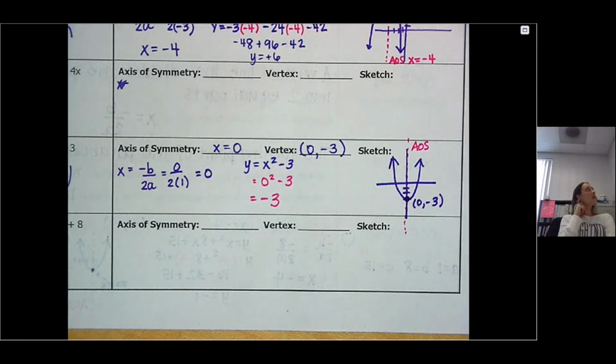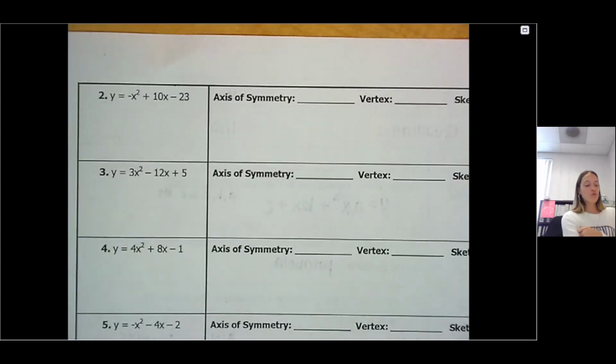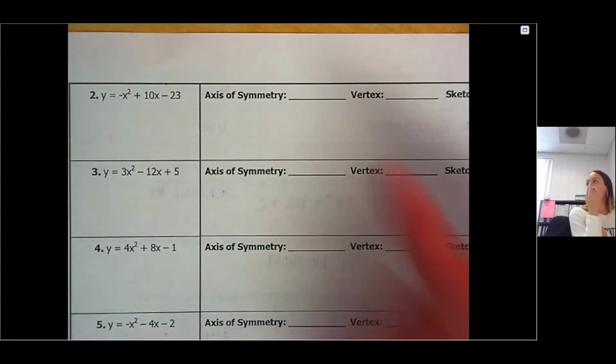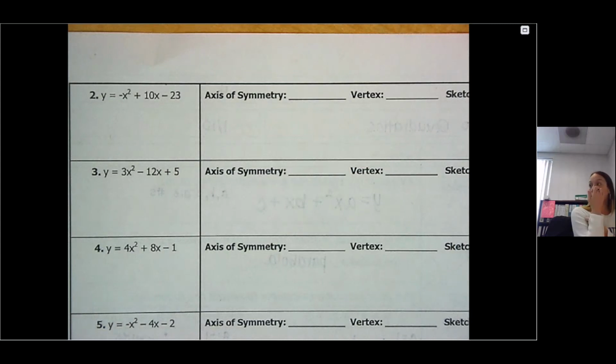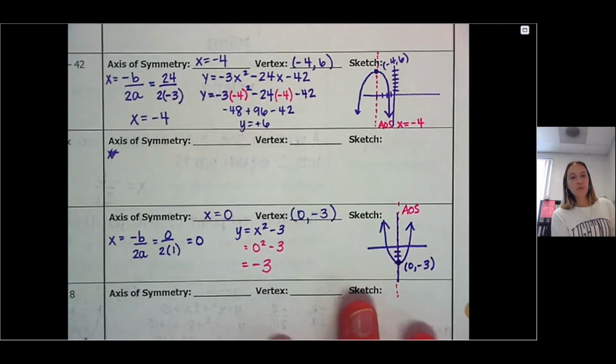Okay. We have 5 minutes left. I would like you to do number 2 and 3. Or if you're already done with them, that's great. But if not, 2 and 3 right at the top. Give those 2 a try, and we'll check them. And I'll leave this up so you have something to look at.